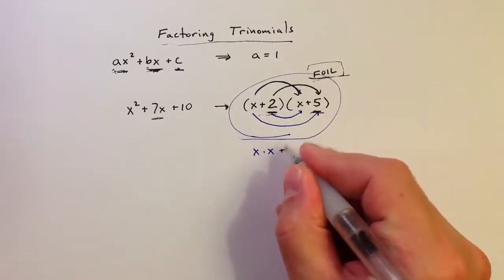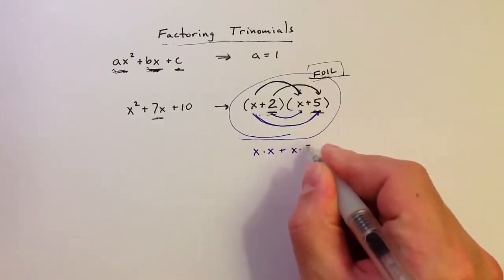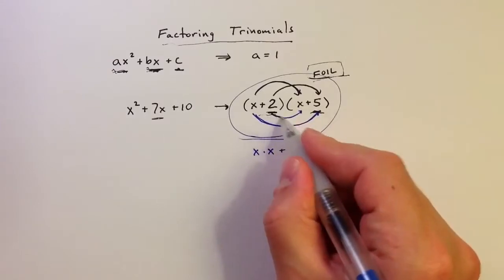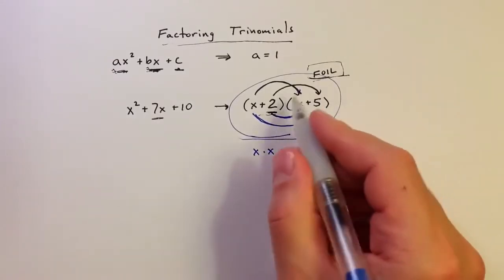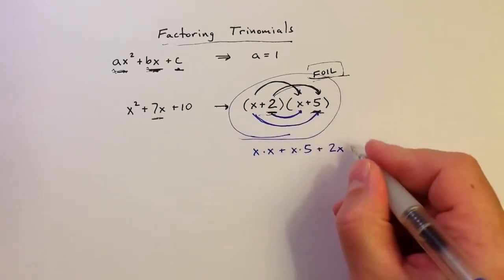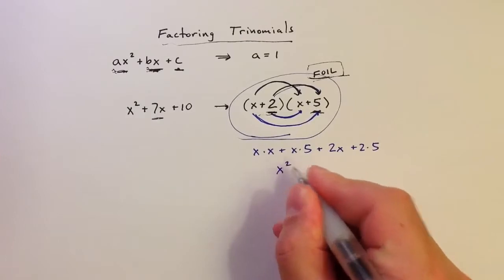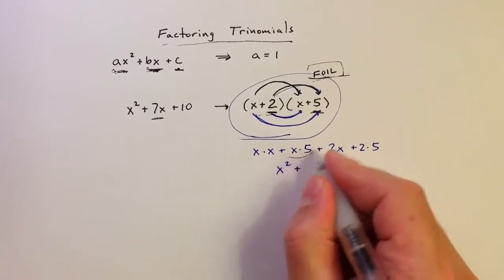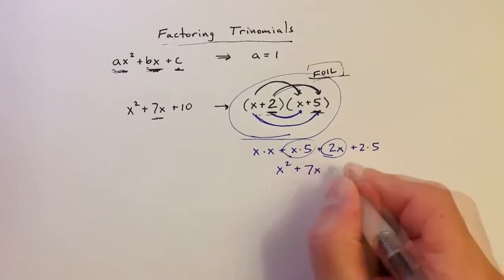I would get x times 5 from the outside terms, 2 times x from the inside terms, and 2 times 5 from the last terms. And so we would end up with x squared plus, this would be 5x plus 2 more x, gives me 7x plus 10.